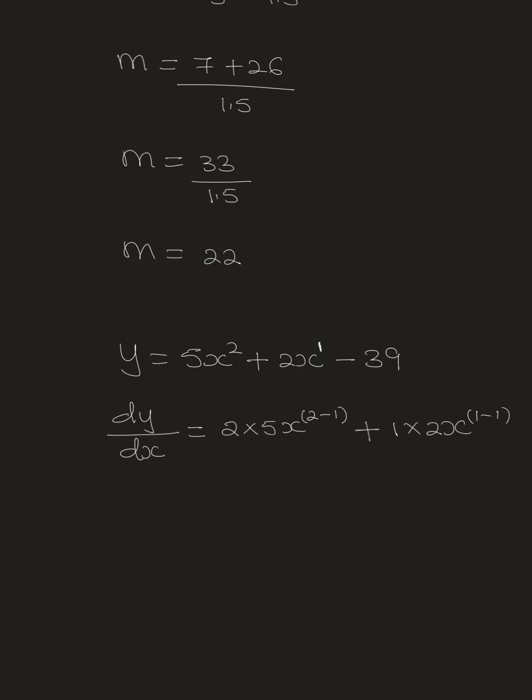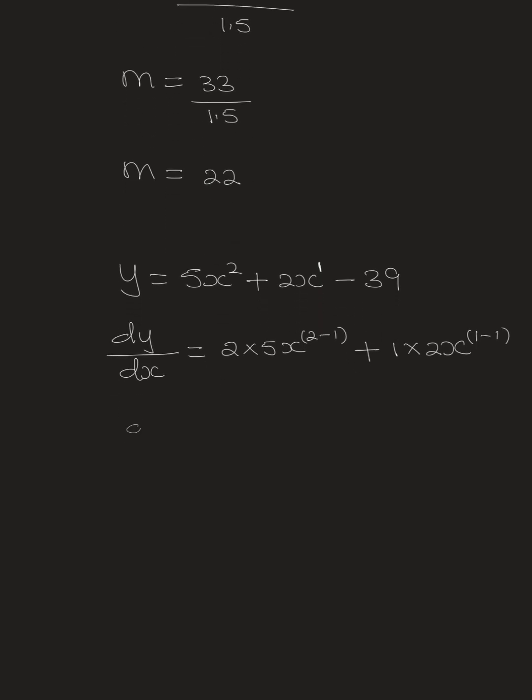Moving on, we can say dy divided by dx is equal to 2 times 5x to the power 2 minus 1, which is 1, so we just leave it like that, plus 1 times 2x to the power 1 minus 1, which is 0.